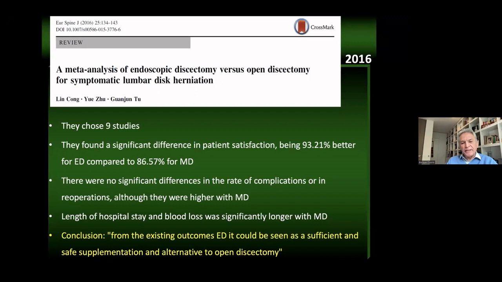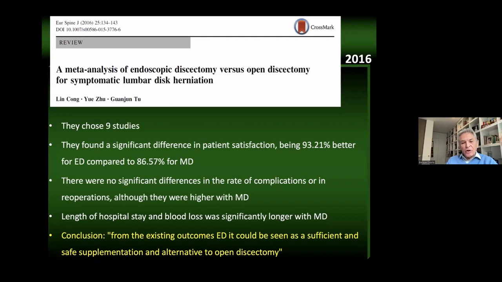There were no significant differences in rate of complications or in reoperations, although they were higher with microdiscectomy. Length of the hospital stay and blood loss was significantly longer with microdiscectomy.